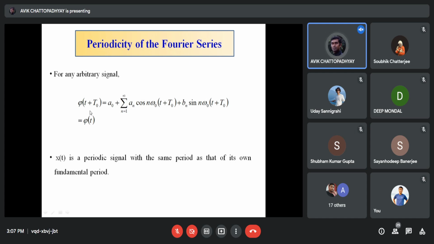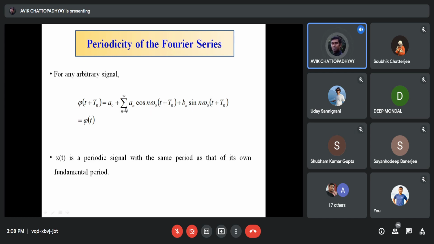That is mathematically written like this: an cos n omega 0 t. In place of t, you can write t plus t naught, where t naught is the minimum time period which obeys the rule of periodicity, and similarly bn sin n omega naught of t plus t naught.